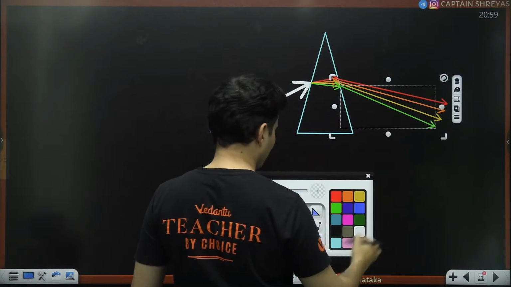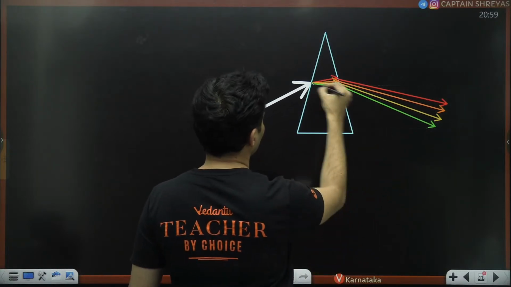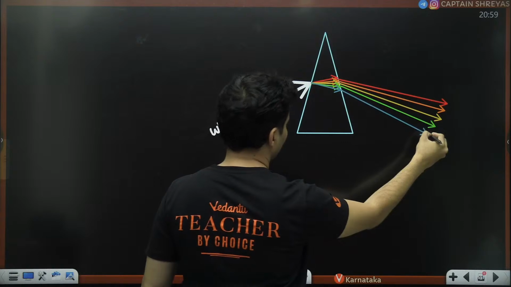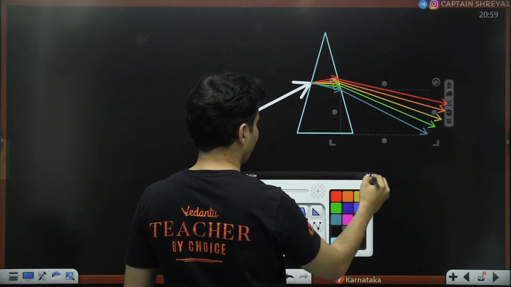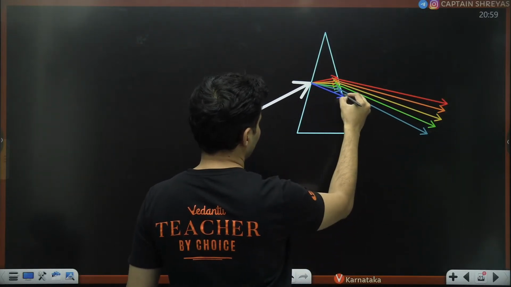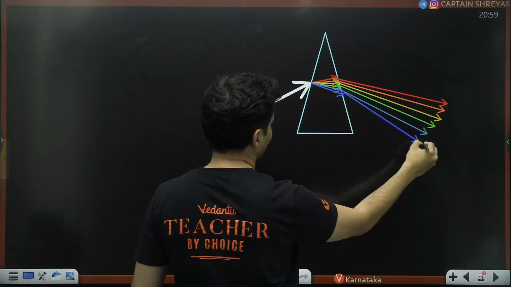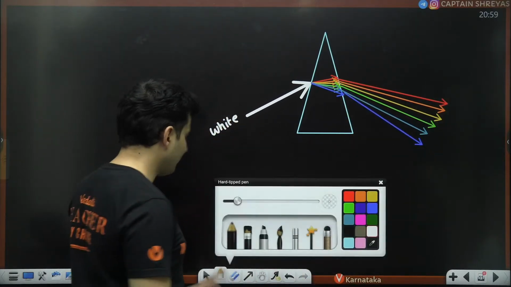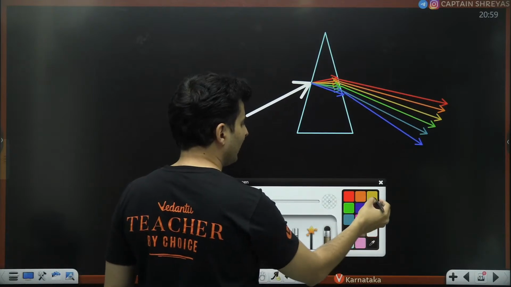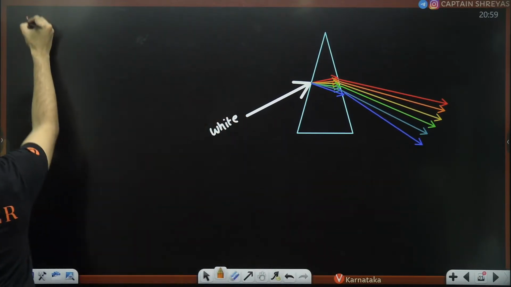Something like this, trying to be as accurate as possible. And the last color, violet. This phenomenon of splitting up of light is called dispersion.